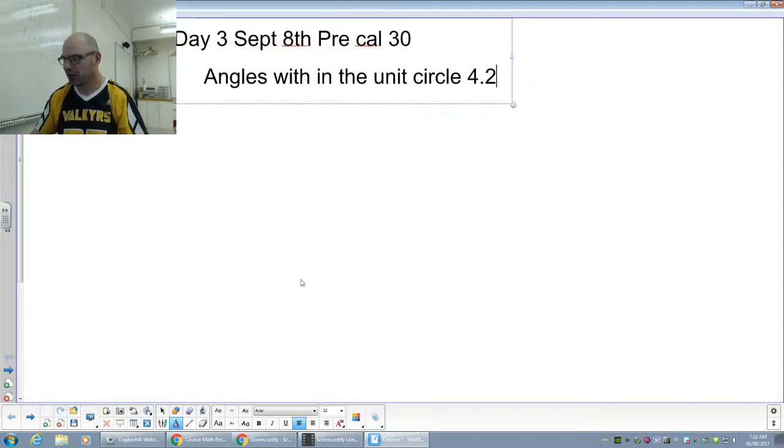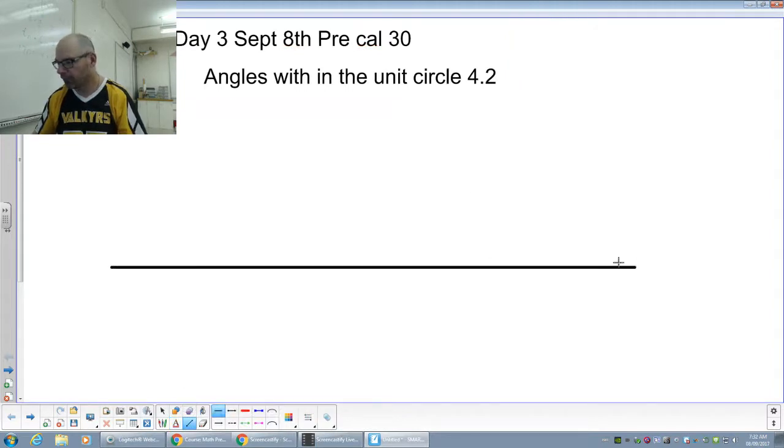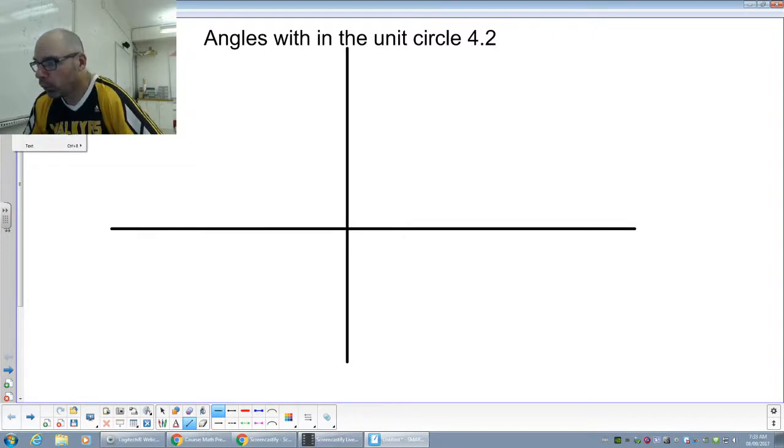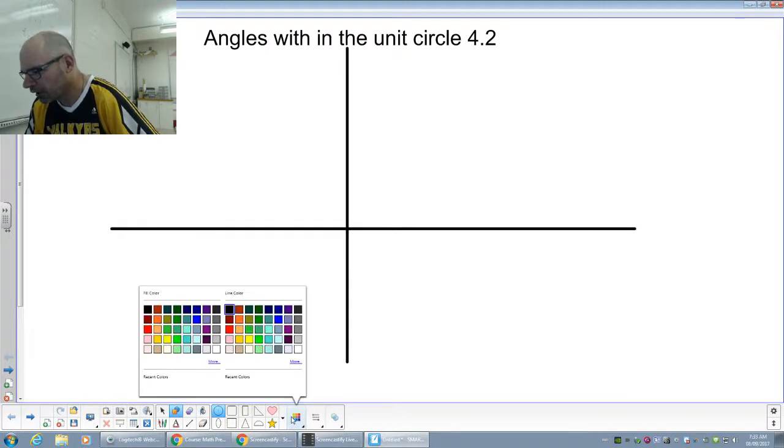Let me draw an axis first with the quadrants, x and y axes. Then we're going to put a nice big circle in there. I'm going to move this up just a little bit more. Should I use a different color? I think maybe.